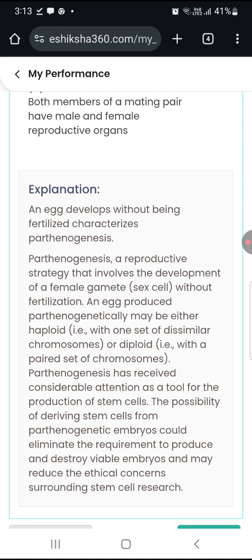Parthenogenesis has received considerable attention as a tool for the production of stem cells. The possibility of deriving stem cells from parthenogenetic embryos could eliminate the requirement to produce and destroy viable embryos and may reduce the ethical concerns surrounding stem cell research.